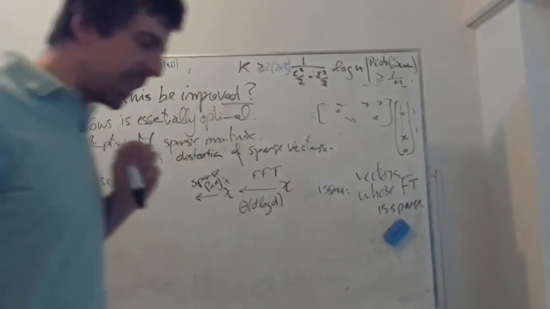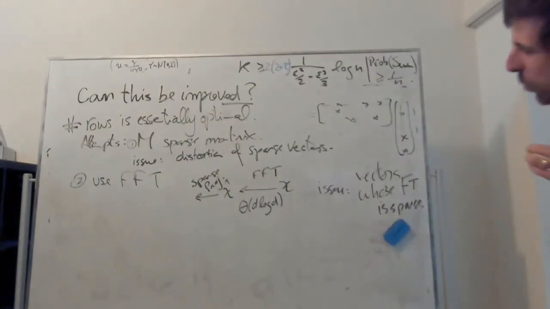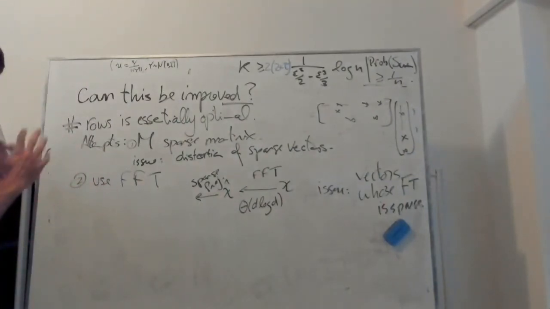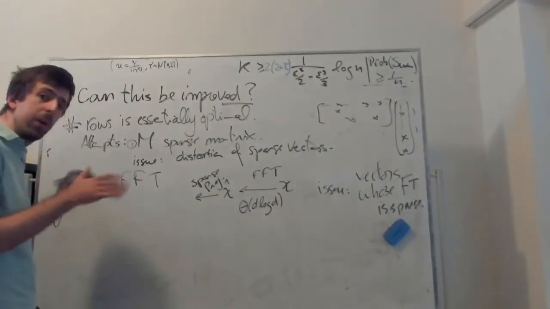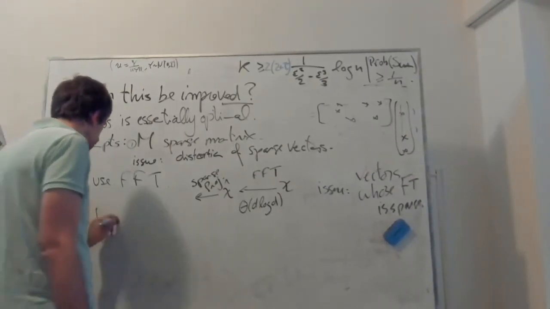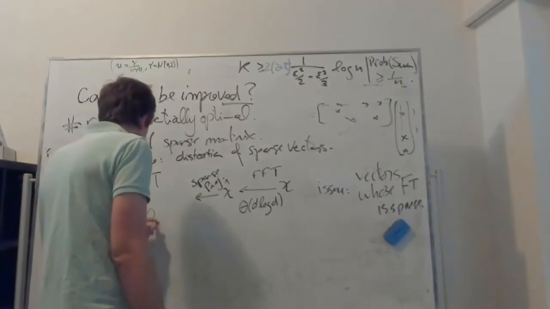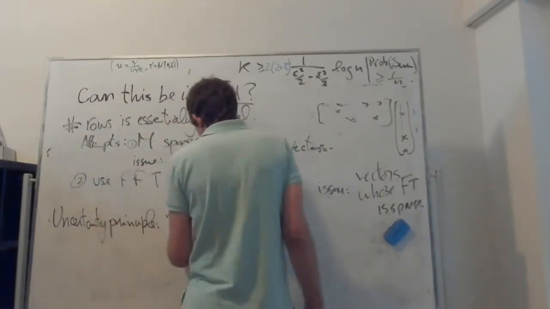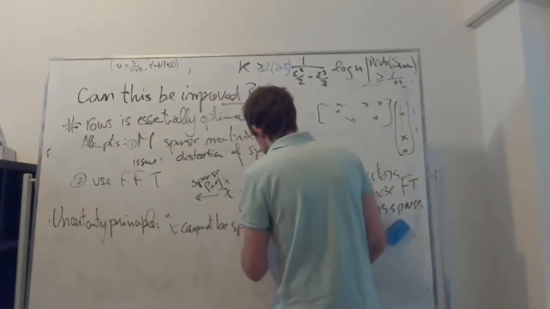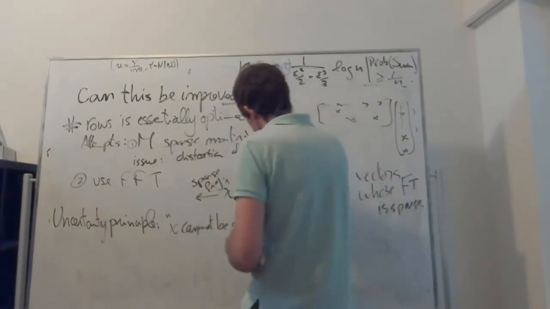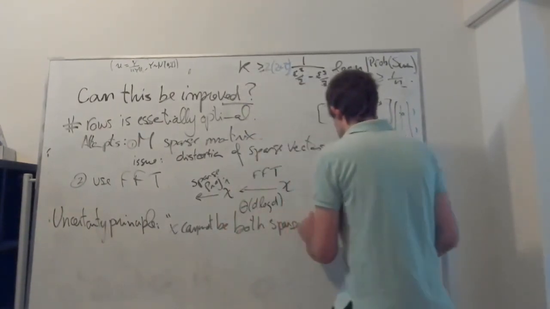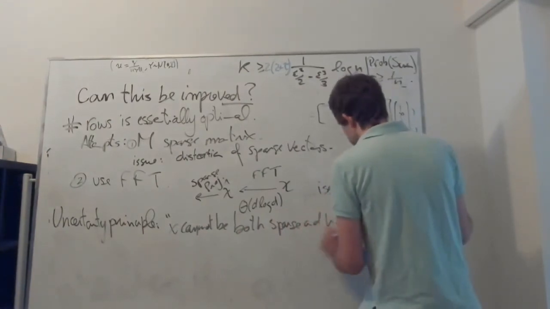There's this really nice idea, which is that we exploit the uncertainty principle. I'm being extremely vague, but I just want to give the very hand-wavy idea. One form of the uncertainty principle says that in general, X cannot be both sparse and have sparse Fourier transform.